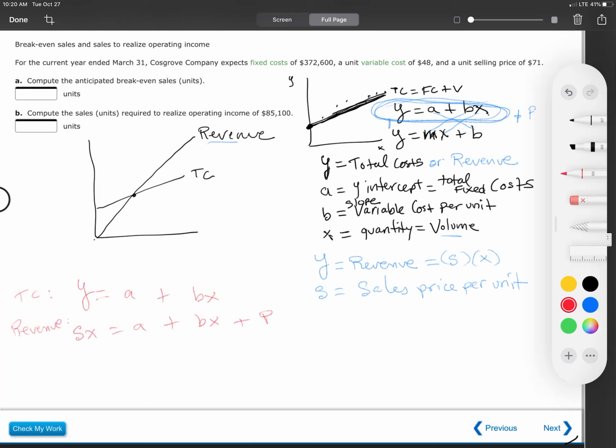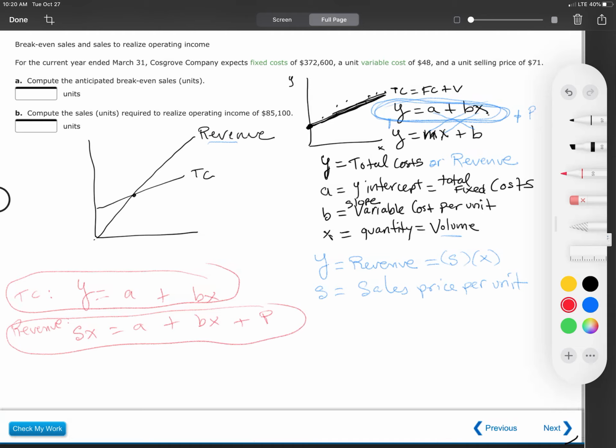I'll use the second formula to solve the questions of this exercise. But this is a really great formula. This one formula can get you through so much managerial accounting.